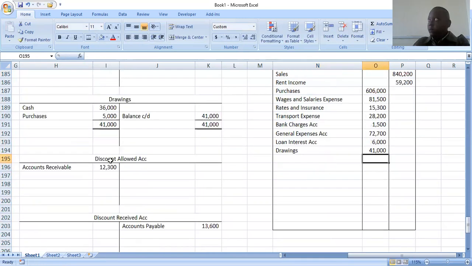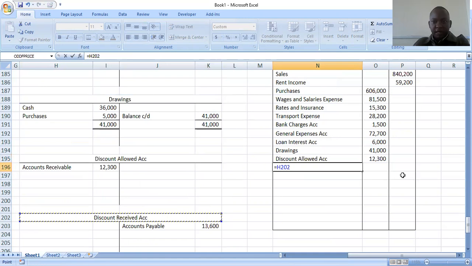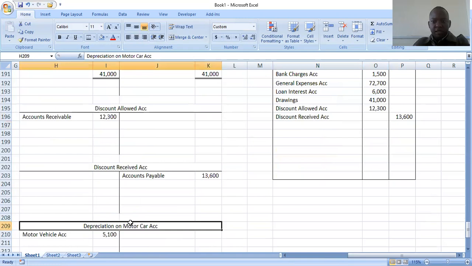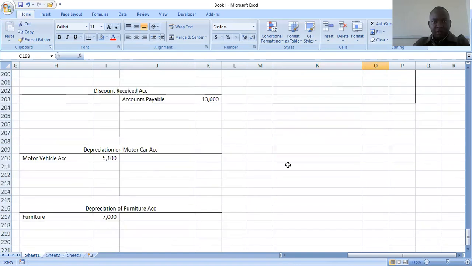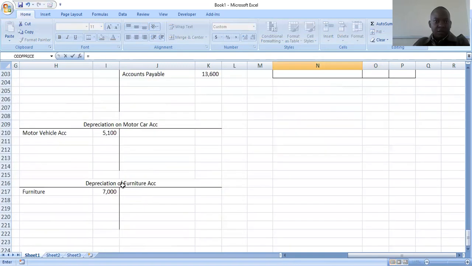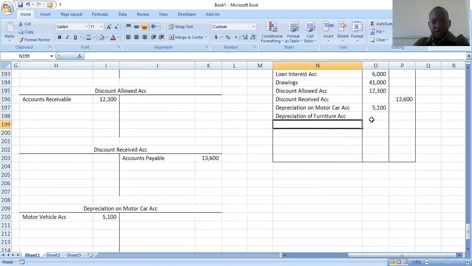Then we have discount allowed, an expense, should be a debit balance. Discount received is a revenue, therefore credit balance. Then depreciation on motor car is an expense, so a debit balance. Then lastly, depreciation on furniture, which is an expense, which should also be a debit balance.